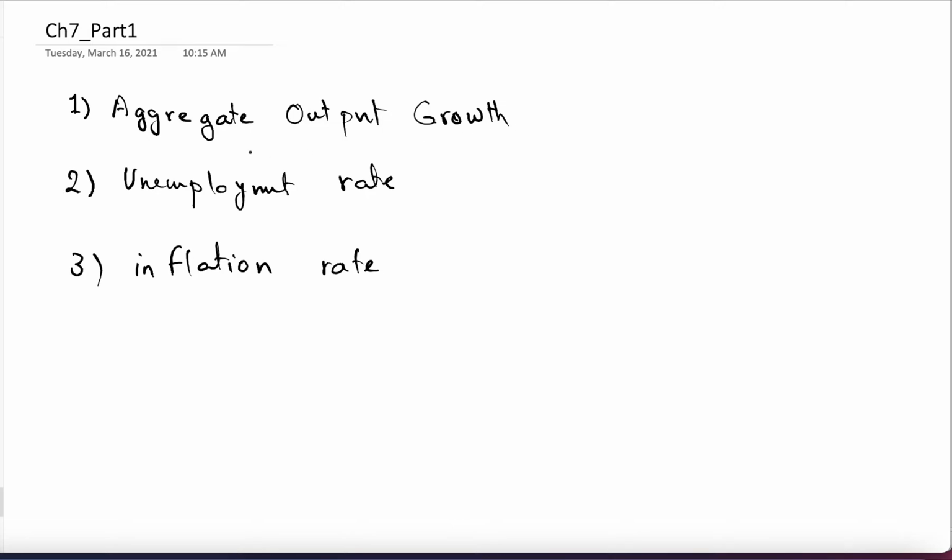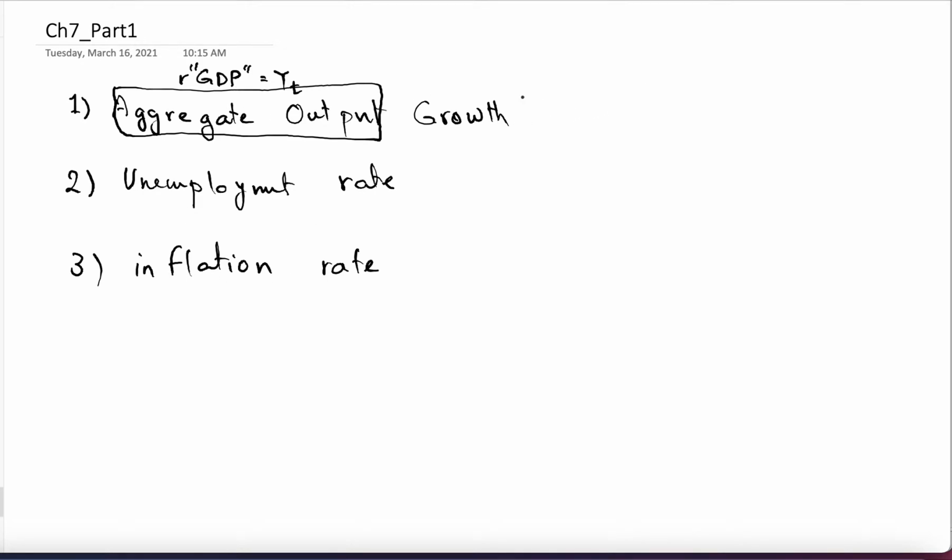Okay, for output growth, we said what is aggregate output? Aggregate output, we used gross domestic product or gross national product or national income. So we explained in chapter 6 how this aggregate output is being measured, and if it's considered as Y_t, it must be in real terms because nominal might actually be inflated.